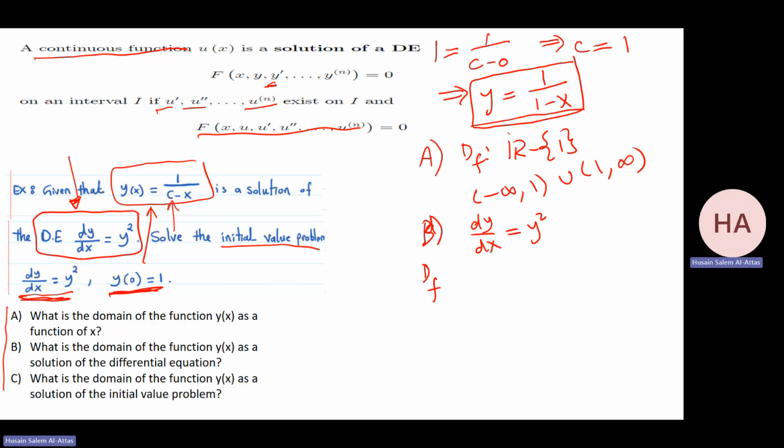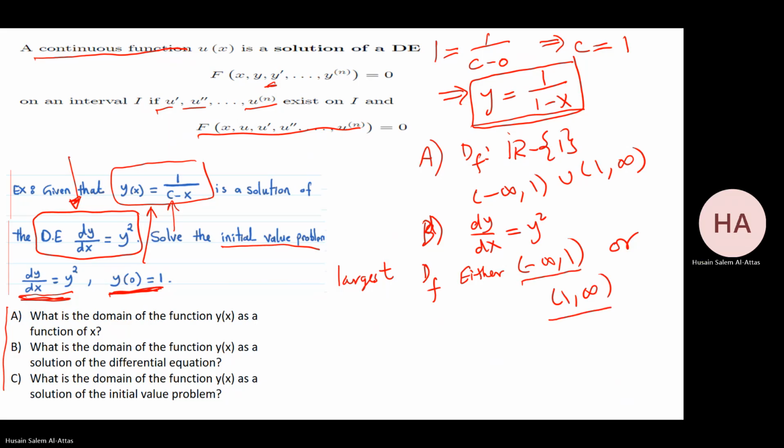So the domain, the largest domain, is either minus infinity to 1 or 1 to infinity. I cannot take both. Why am I saying the largest? To be sure that I took the full interval. So I take either this or that.